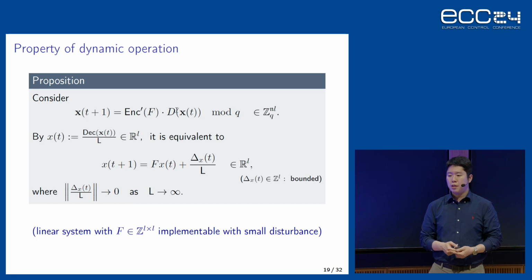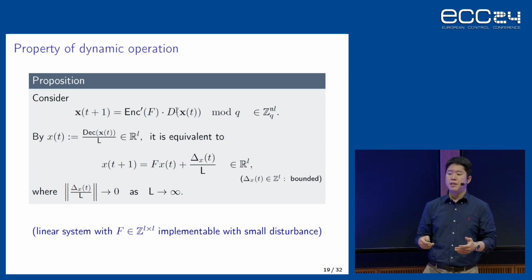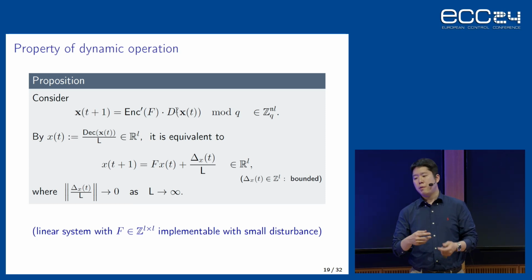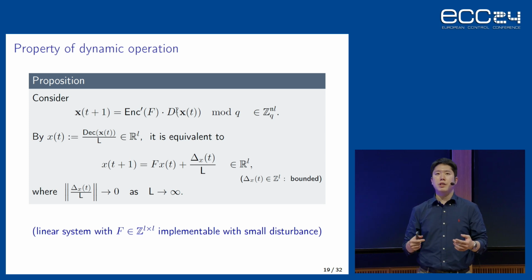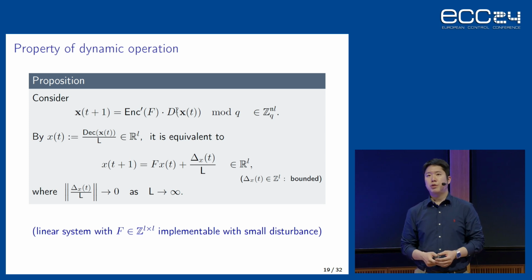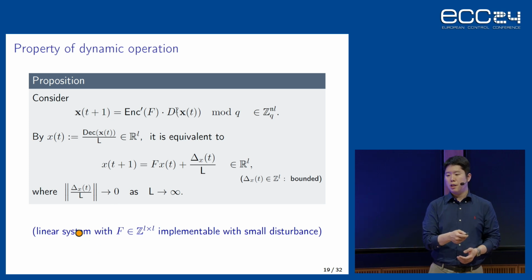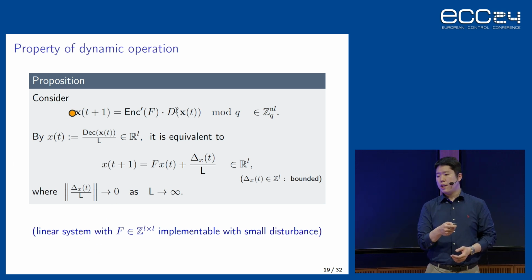This is a little bit technical proposition, but it is still saying that recursive multiplication by an integer matrix is possible, and regarding its performance, it is equivalent to systems over real numbers. So we can think of this system where X is the encrypted state and F is the state matrix.